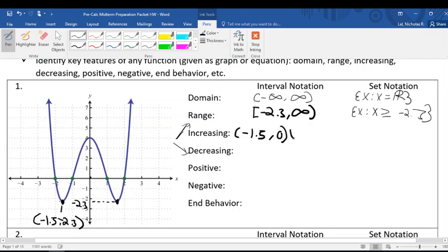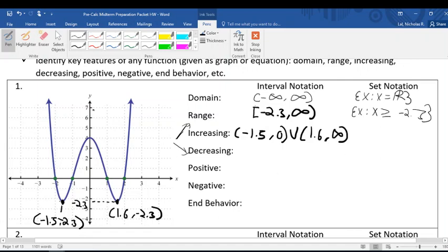It's also going to be increasing from, let's call this 1.6, negative 2.3, that point right there, 1.6 to infinity.